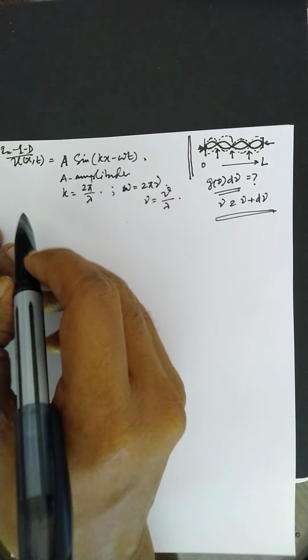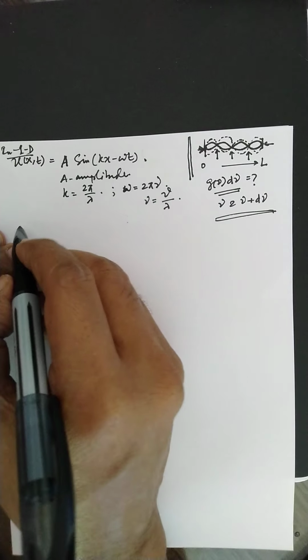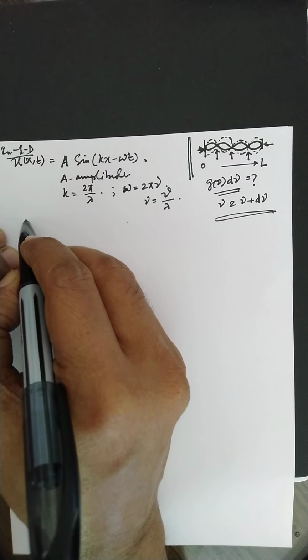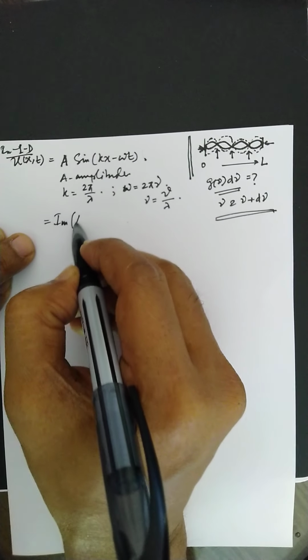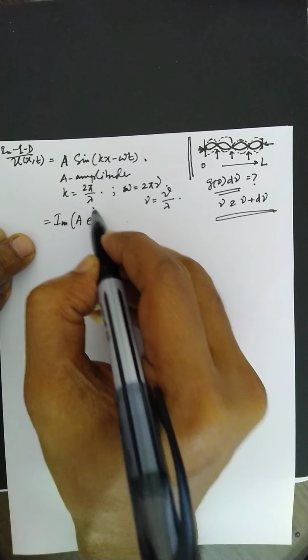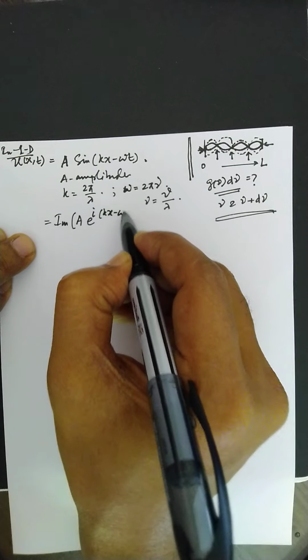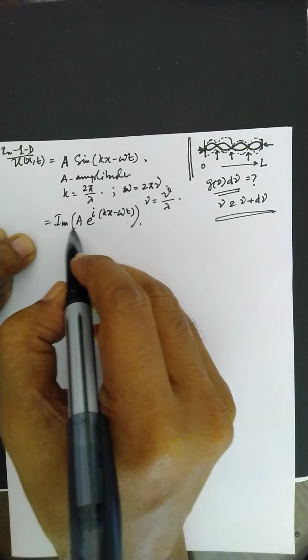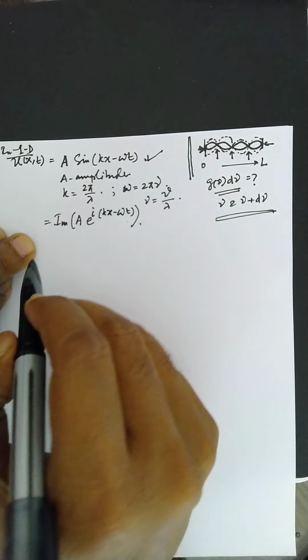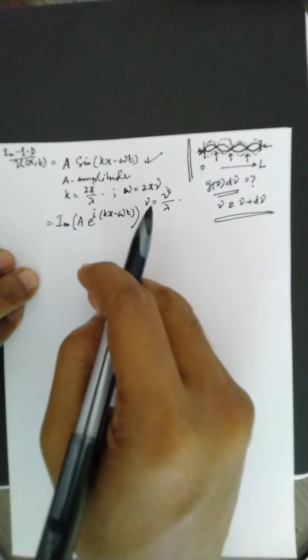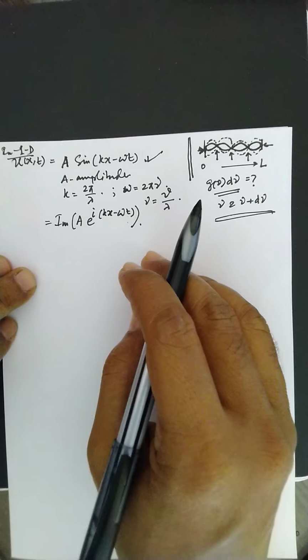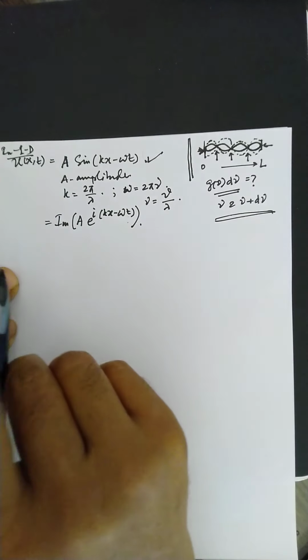Now this expression can be conveniently represented, for mathematical convenience, as the imaginary part of a e to the power i(kx minus omega t). The imaginary part of this is nothing but the sine expression, but operations with exponential functions become more convenient, and that is why this is used.